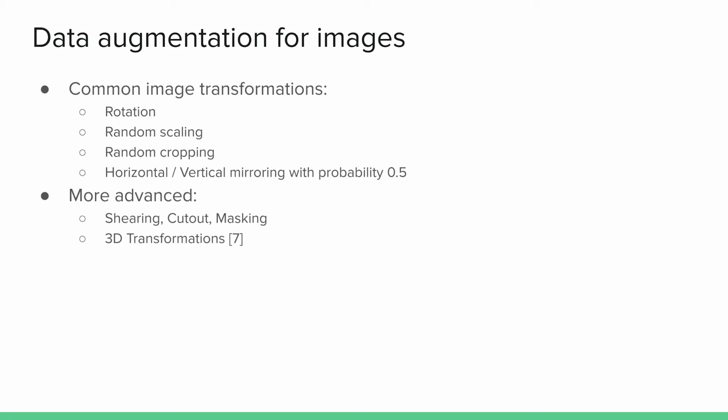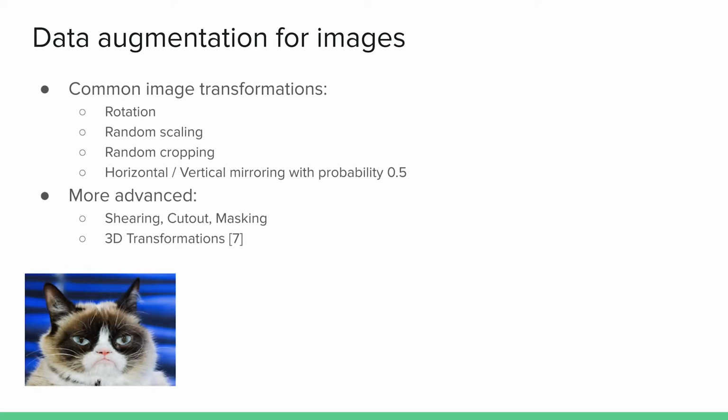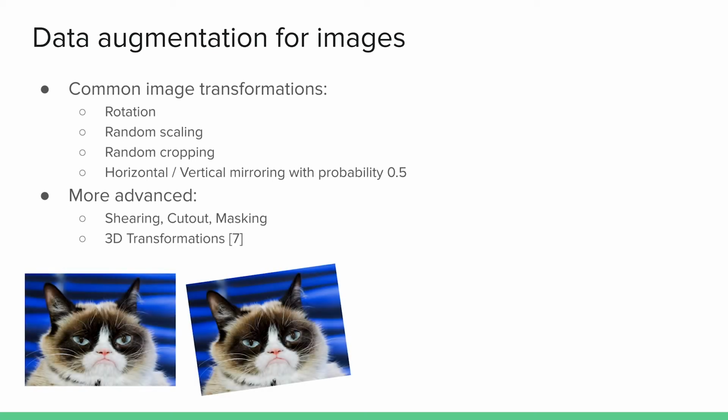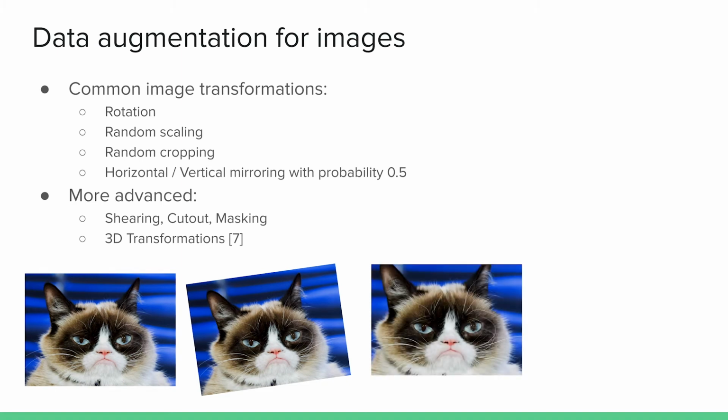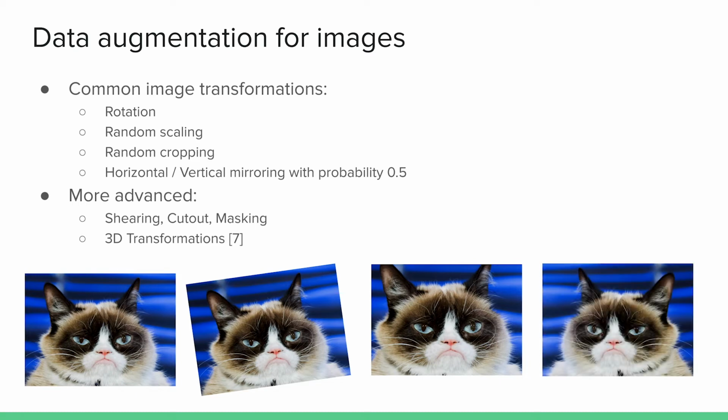The most common transformations for images are rotation, random scaling, where we try to zoom in or zoom out of an image, random cropping, where we just cut off some parts, and of course mirroring. At least for cats, this works fine, because a cat that you mirror horizontally is still a cat.